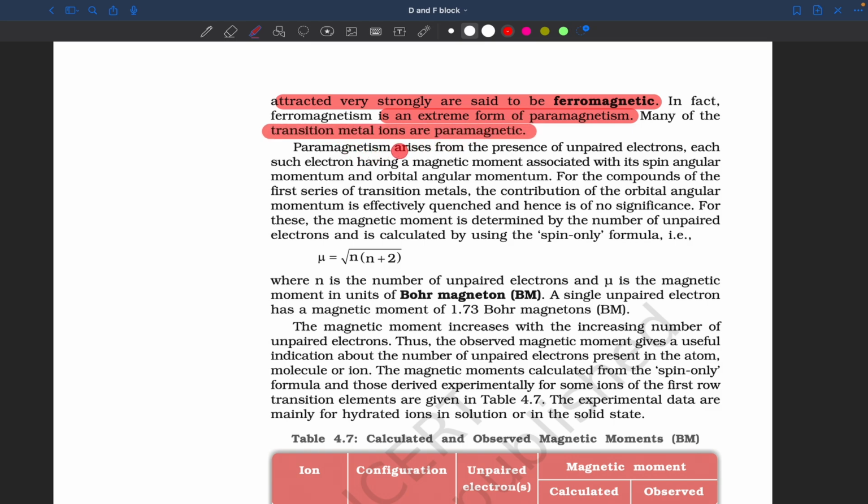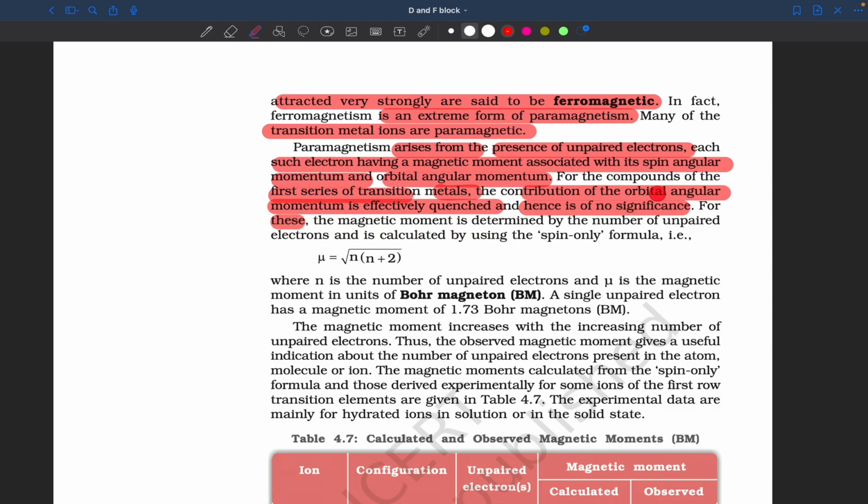The paramagnetism arises from presence of unpaired electrons, each electron having magnetic moment associated with its spin angular momentum and orbital angular momentum. Right? So for the compounds of the first series of transition metals, the contribution of orbital angular momentum is quenched and hence has no significance for these ones.